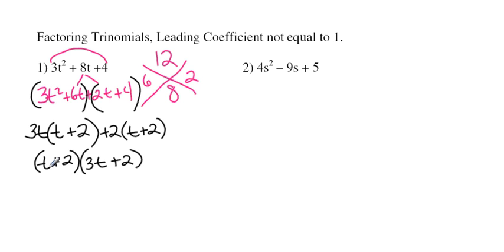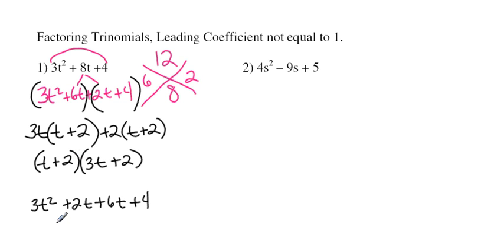And if I want to check to make sure I did it right, which is always a good idea when you have a leading coefficient that is not 1, I'm going to FOIL these back together. So t times 3t is 3t squared, and t times 2 is 2t. 2 times 3t is 6t, and 2 times 2 is 4.